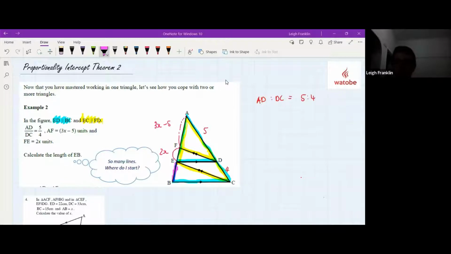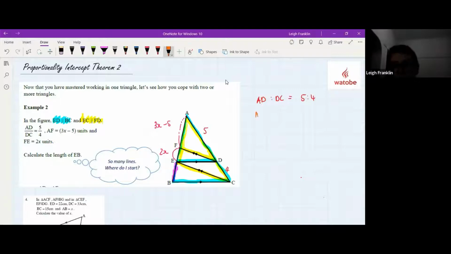Okay, so here to get EB, we need AE. AE is missing, so that means we now need to look in the yellow triangle and work out what AE is equal to. So now, working in the yellow triangle, the only proportion that we can possibly make is this one.